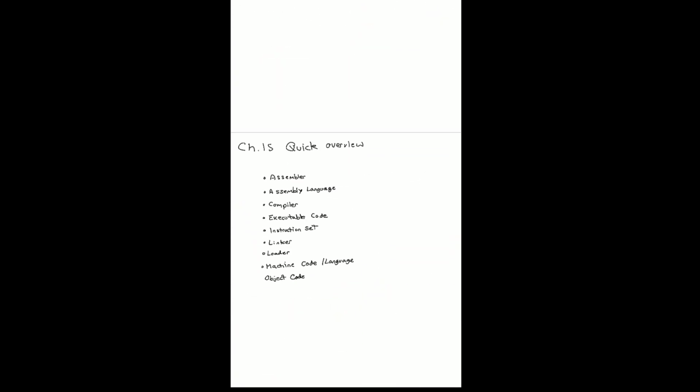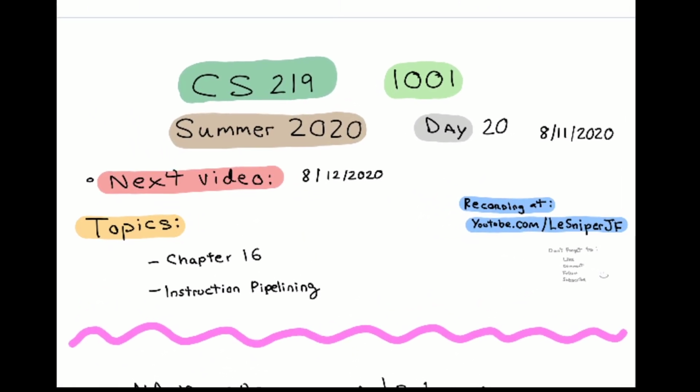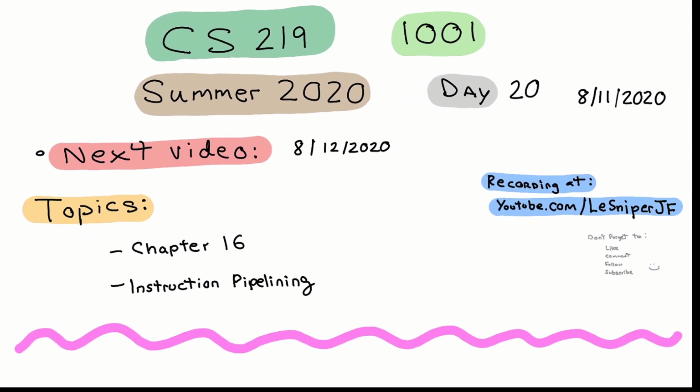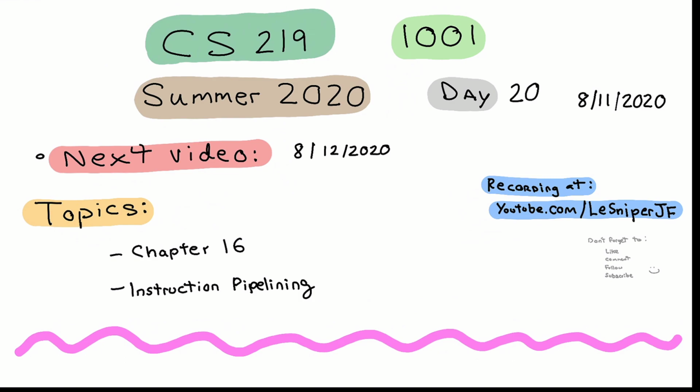Yep, pipelining. So the remainder of the book that we don't cover here in summer is worth reading if you bought the book, especially because you're eventually taking 370.